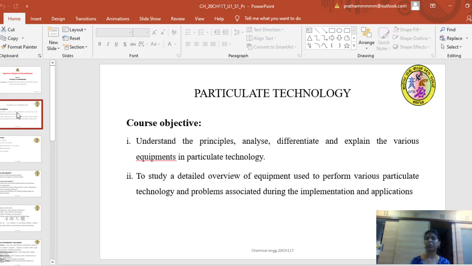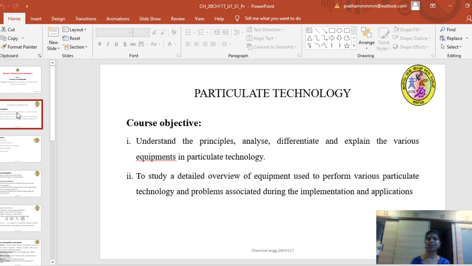Various types of equipment have been used in conveying and handling solids especially. You have to understand the principles of all those equipment after learning this subject in your first semester.